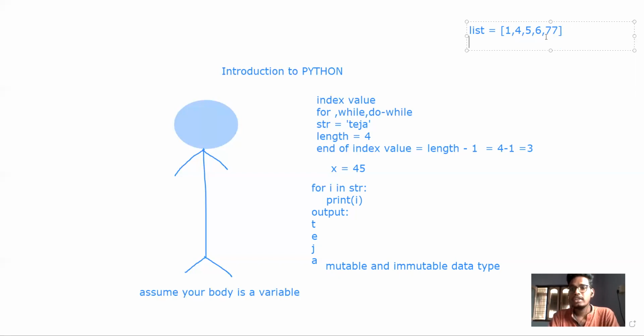If you want to change the index value 2, which is 4, to any number like 66, we can change it with the index value, like list of 2 is equal to 66, and the output will be 1, 1, 66, 5, 6, and 77.